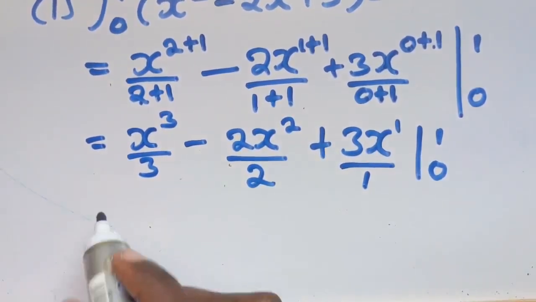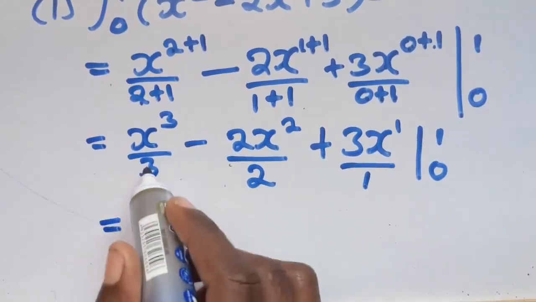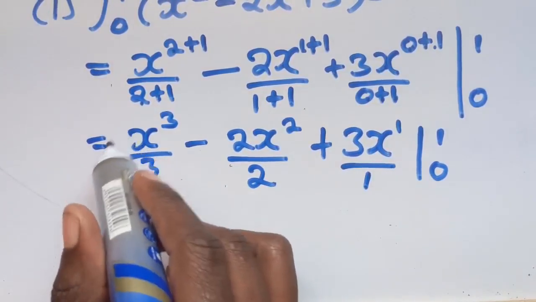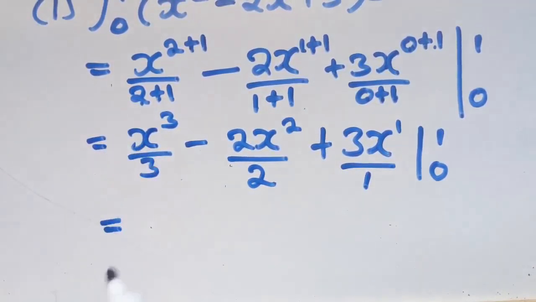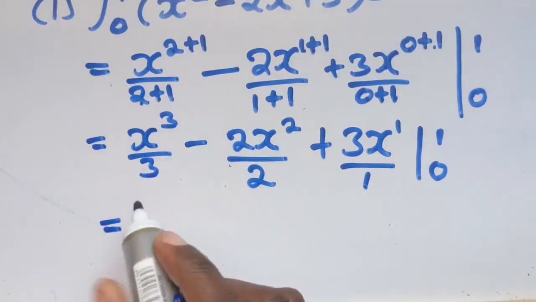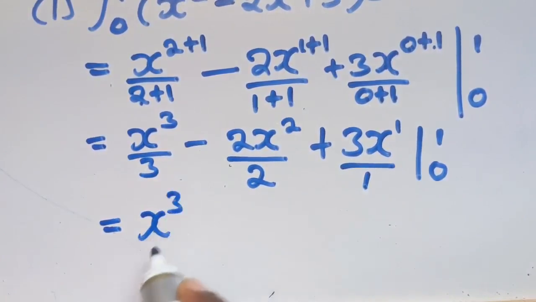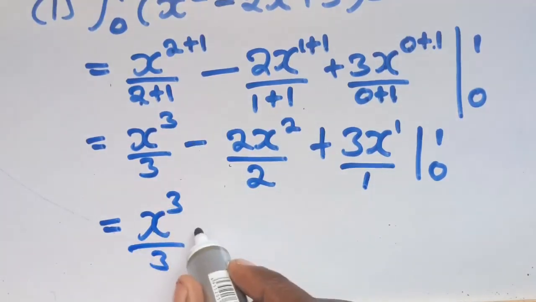Now the next thing you're supposed to do, you're going to say equals. Now we are going to copy this. Since there is no number that we can use to divide the 3 with, we are going to say it is x to the power 3, then over 3. Then we have a minus.